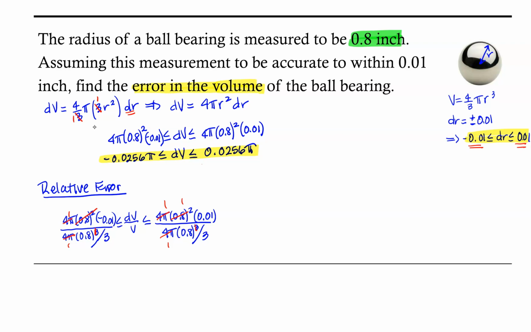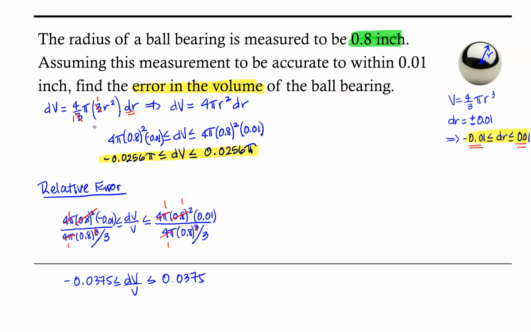And so when I'm done simplifying this, what I find is that I have negative 0.0375 is less than or equal to dV over V, which is less than or equal to 0.0375.